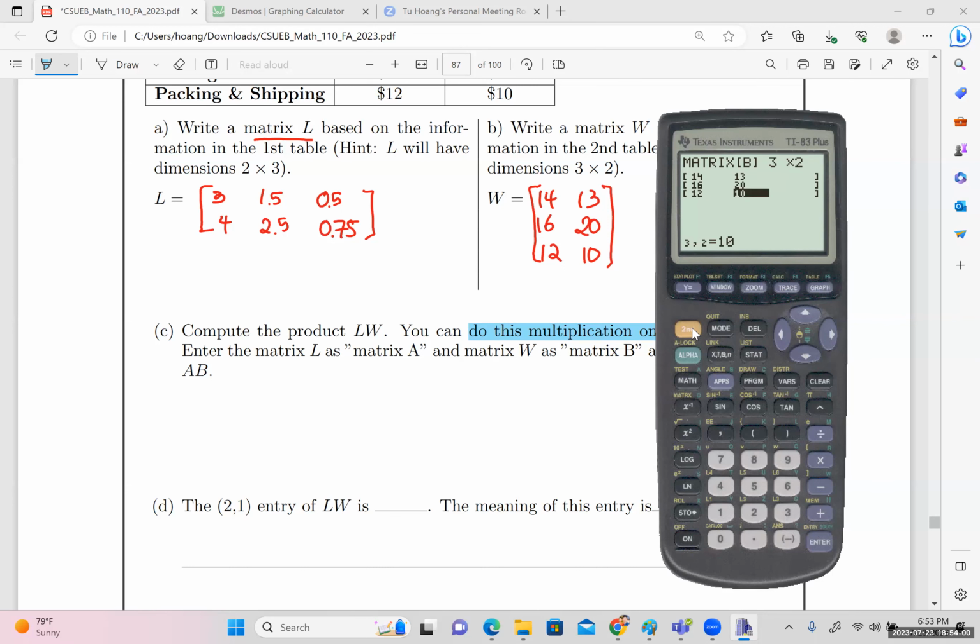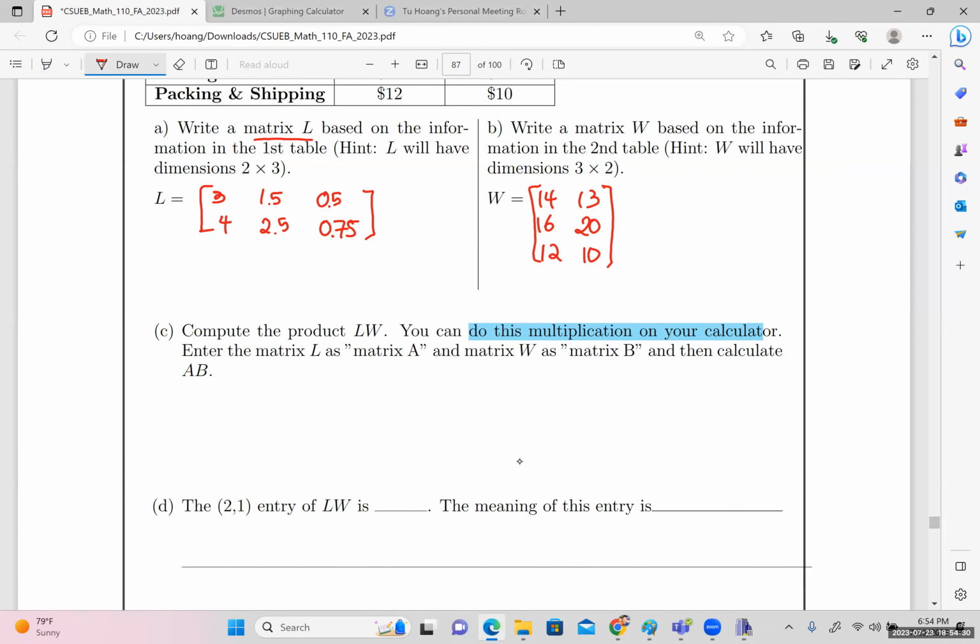I'm done. Get out, and I go to matrix again. Name A, which is L, multiplied by the second matrix B. All right, enter that. You now get 72, 74.